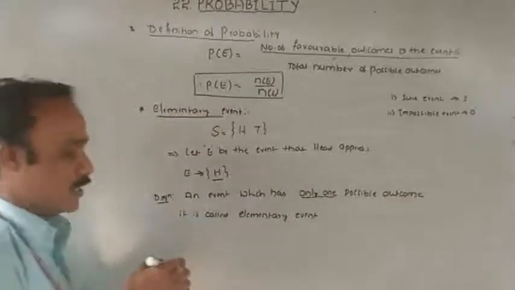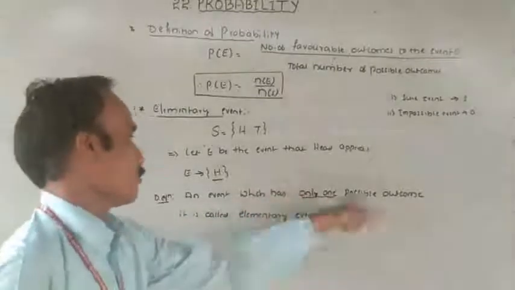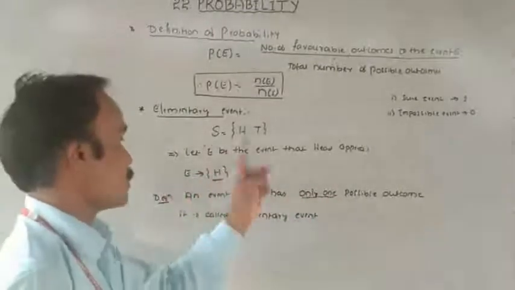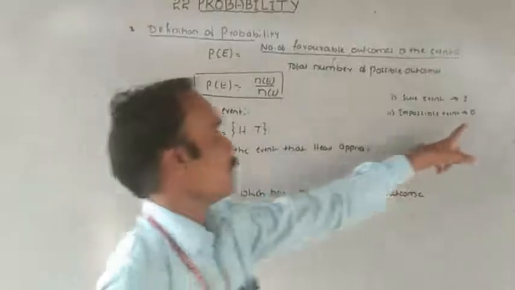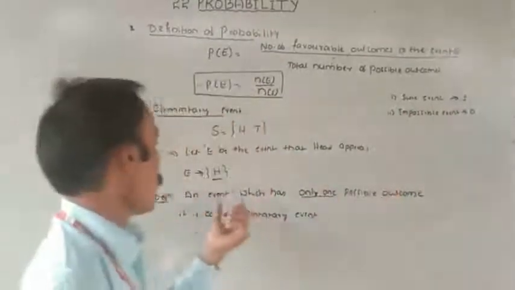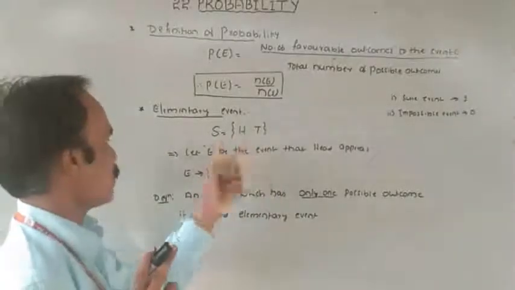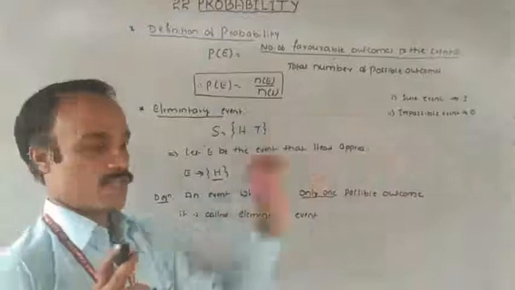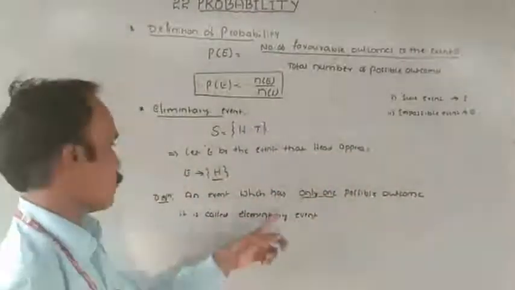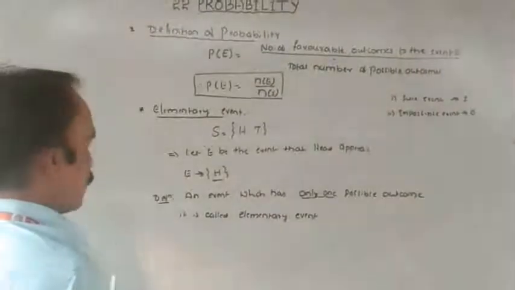So this is very important. An event which has only one possible outcome, not probability. Probability 1 means that is a sure event. Probability 0 means that is an impossible event. Possible outcome only 1. If you want, you can write another example also. Instead of head, tail appears. That's exactly one possible outcome, so it is also called an elementary event.